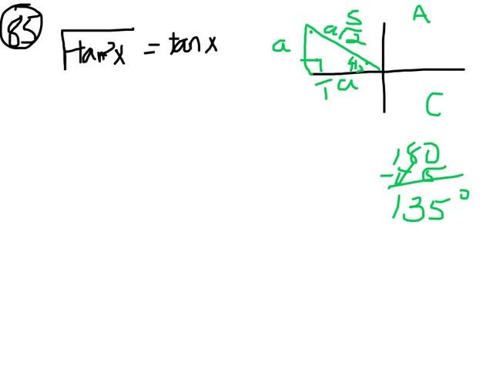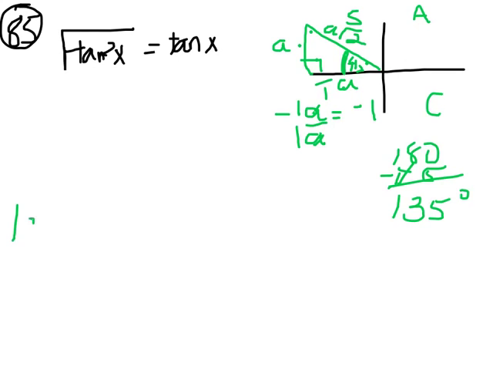I could say the tangent of that angle is the opposite over the adjacent, so that would be A over A. But in this quadrant, isn't tangent negative? So let me put a negative on it. The A's cancel out, and I'm left with negative 1 over 1, which is negative 1. So let's look at the tangent of 135.